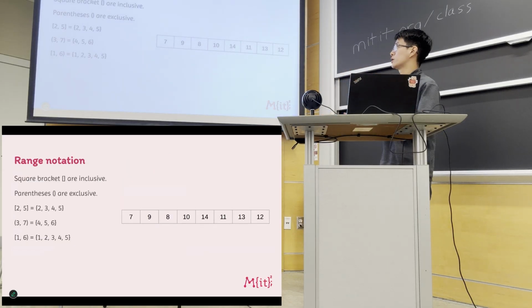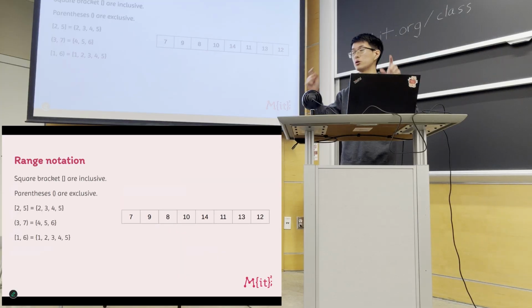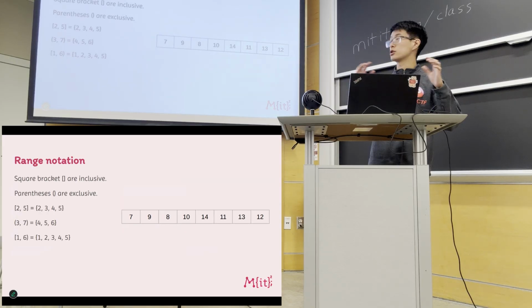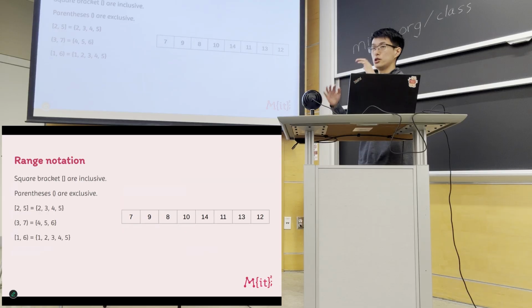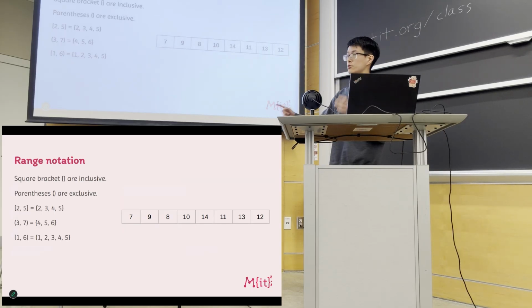We'll first go through some basic notation. When we denote ranges, we'll use the normal open and closed bracket notation, where a square bracket means a closed, inclusive interval, and a round bracket is exclusive. For example, 2 through 5 would mean 2, 3, 4, 5. 3 through 7 with open brackets would mean exclusive, so only 4, 5, 6.